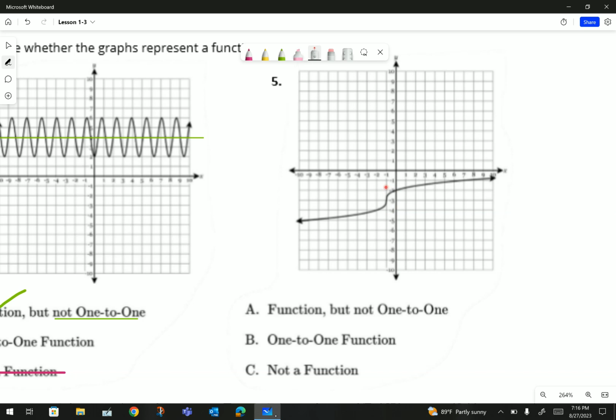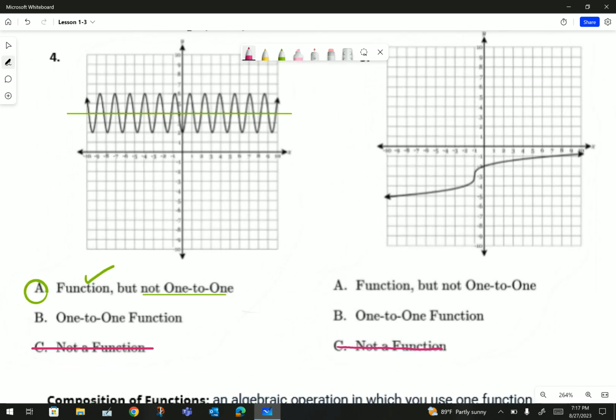I said square root function, it's actually a cubic root function. So be careful with that, okay? It's misleading. It is definitely a function, all right? So it is a function, but is it one-to-one or not one-to-one?